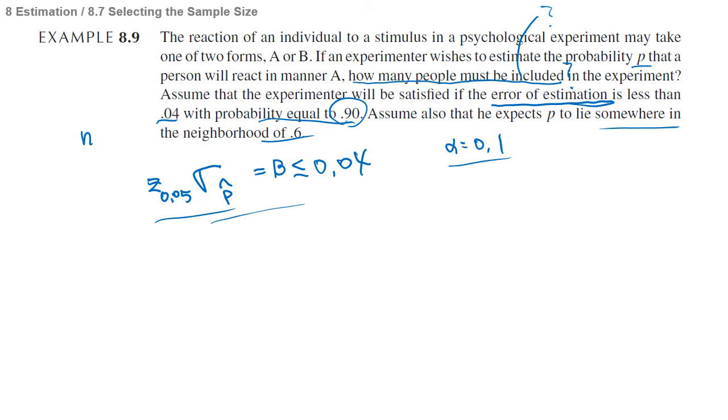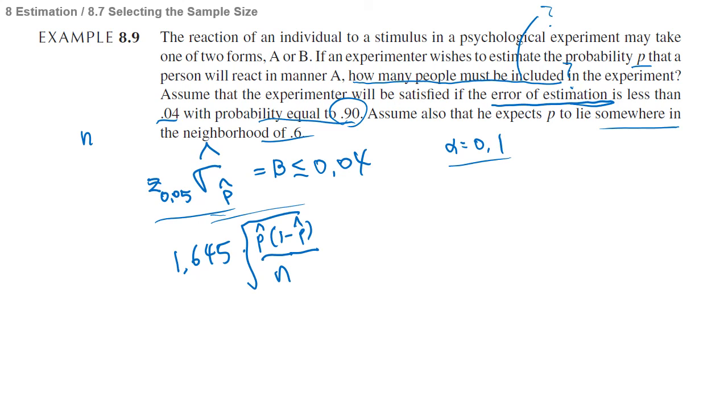Okay, so z 0.05 is actually 1.645, and rather than calculating the standard error of p hat, we estimate this. The formula for this is the square root of p hat times 1 minus p hat over n.